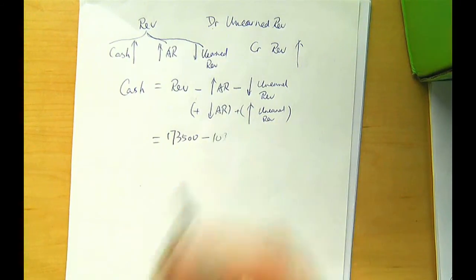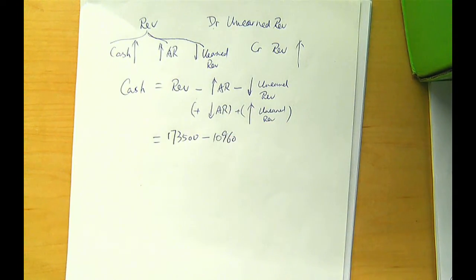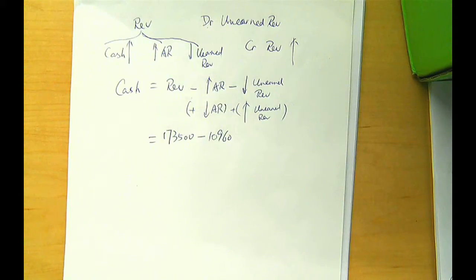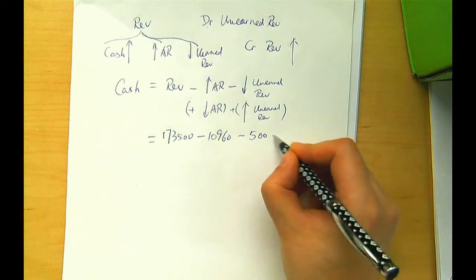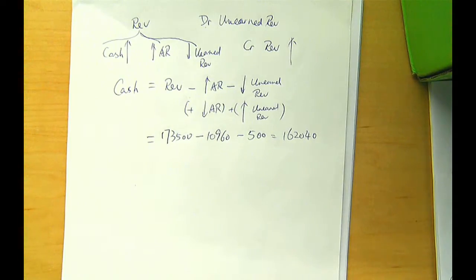The increase of this amount, from 2013 to 2014, okay? What happened to our unearned revenue? Decrease of $500. Okay, so that's the cash received from customers.